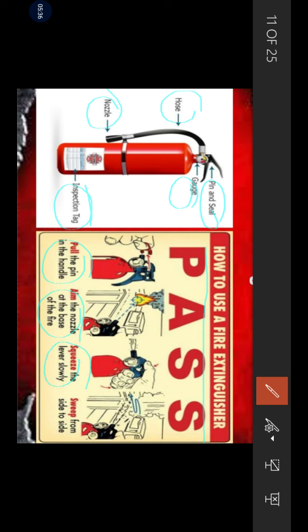The fourth one, sweep from side to side. The left side is the structure of the fire extinguisher. The right side is how we use a fire extinguisher. First we pull the pin, use the nozzle, squeeze the lever slowly, then sweep from side to side.